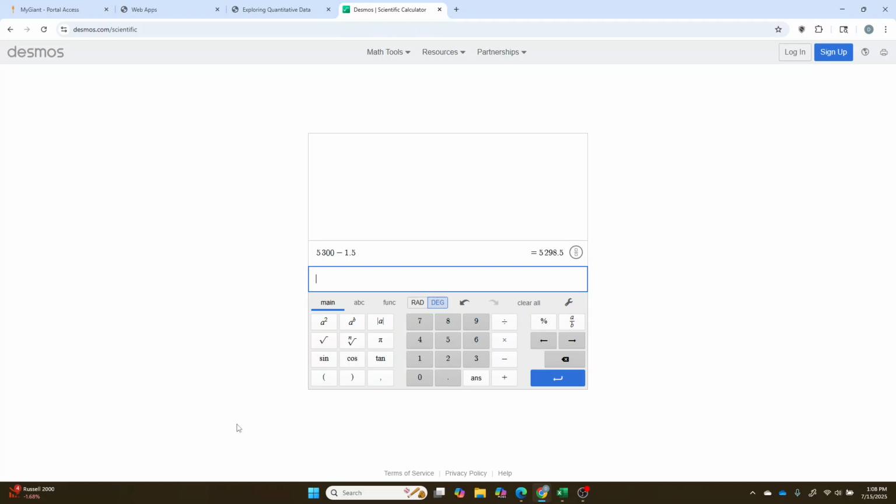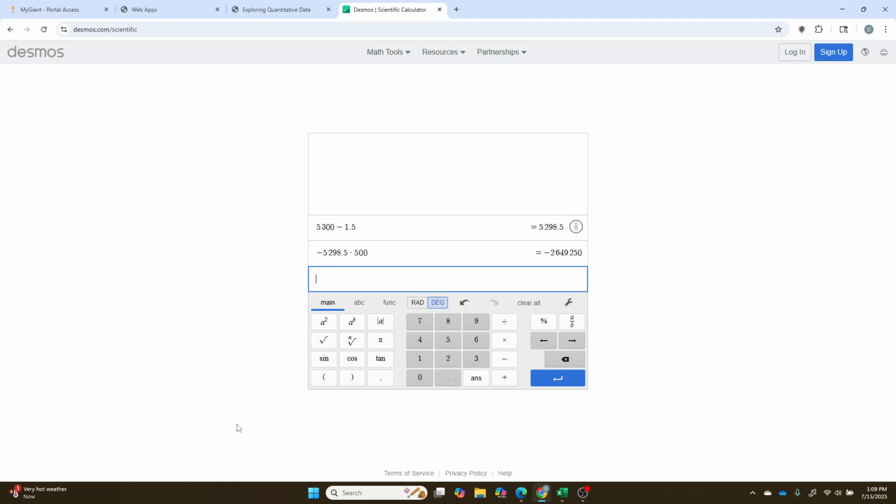And then they'll take that value, negative 5,298.5 and multiply it by 500. And that's incorrect. The reason that's incorrect is because you're not following the correct order of operations, right? Order of operations says that we have to do multiplication first. So really we should do 1.5 times 500 first, and then take that value and subtract it from 5,300.